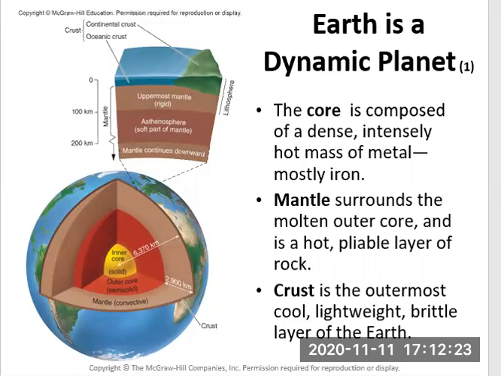The mantle is much less dense than the core because it contains a high concentration of lighter elements such as oxygen, silicon, and magnesium. The outermost layer of the Earth is the cool, lightweight, brittle rock that's called the crust, as you can see in this picture.